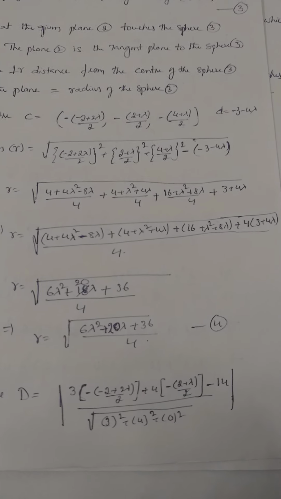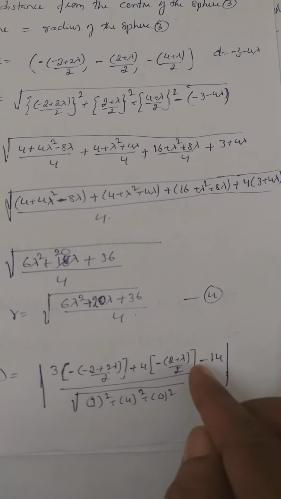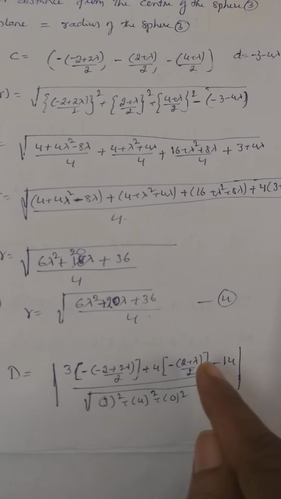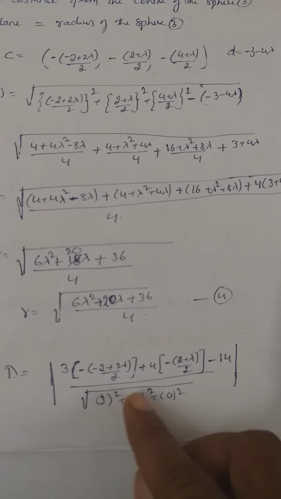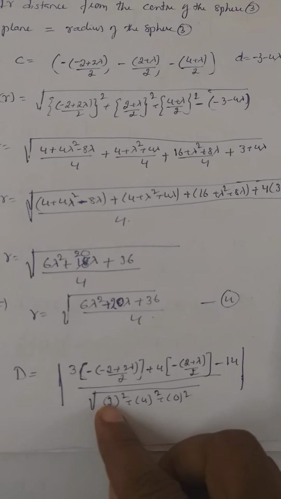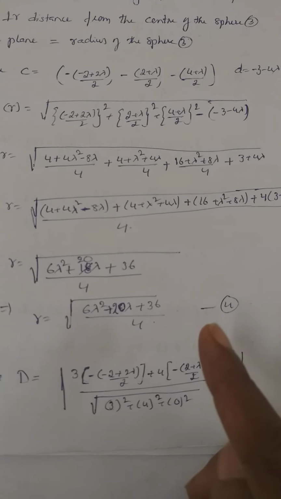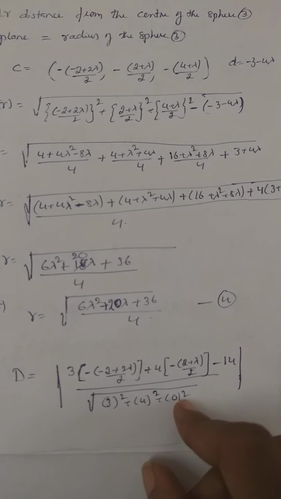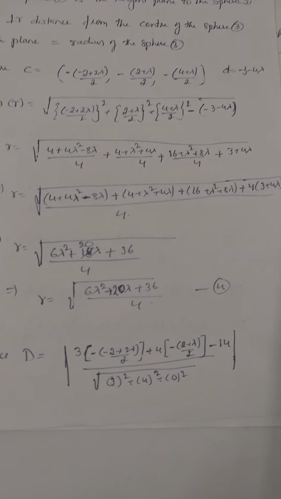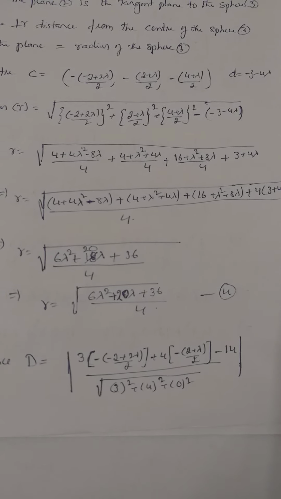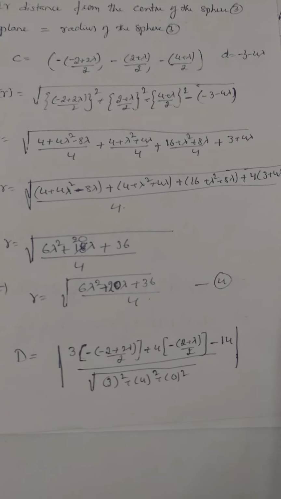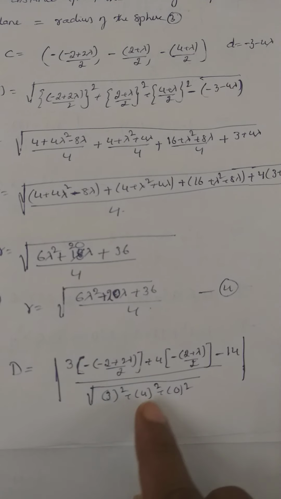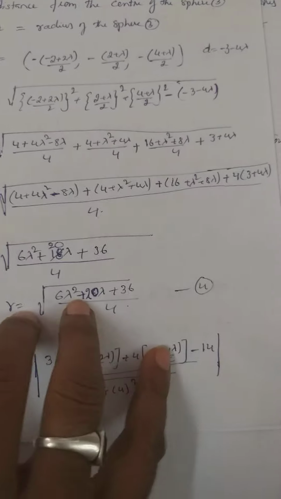There is no z coordinate, no need to substitute z coordinate, minus d by square root of a square plus b square plus c square. Here a square means coefficient of x square plus coefficient of y square, coefficient of z square. In the plane 2, coefficient of x is 3, coefficient of y is 4, coefficient of z is 0. That's why 3 square plus 4 square plus 0 square.